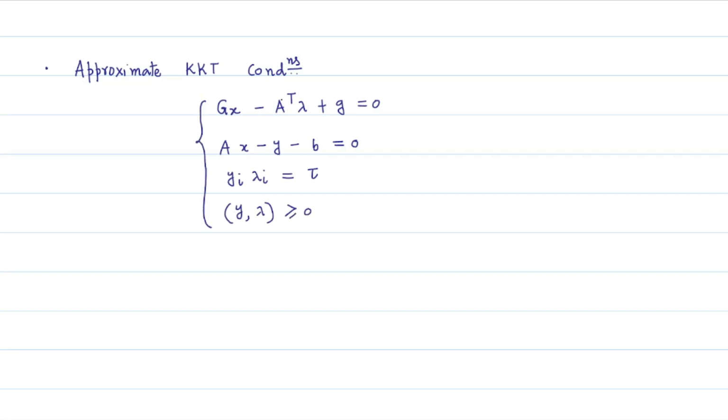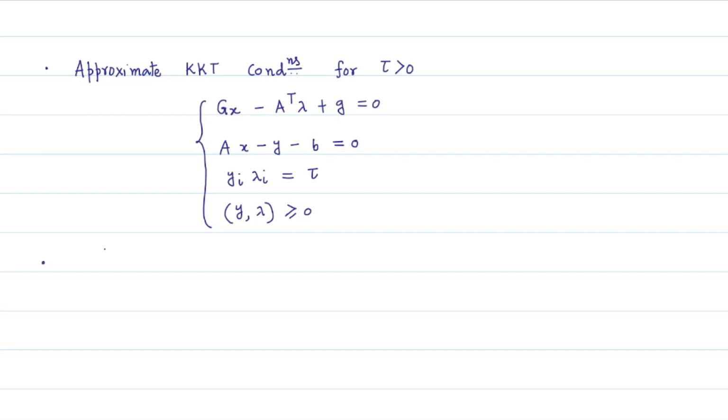The approximate KKT conditions for a given value of tau greater than 0 is given by this set of equations together with, component wise, y and lambda being non-negative.